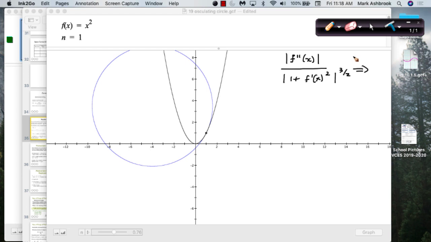So for y equals x squared, we're going to get 2 over 1 plus the first derivative squared, which is 4x squared, to the 3 halves.